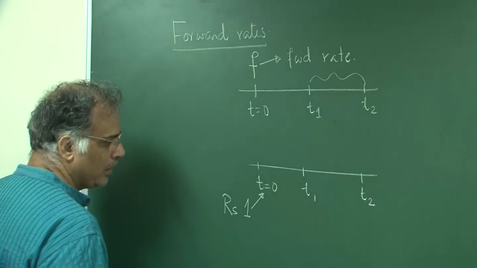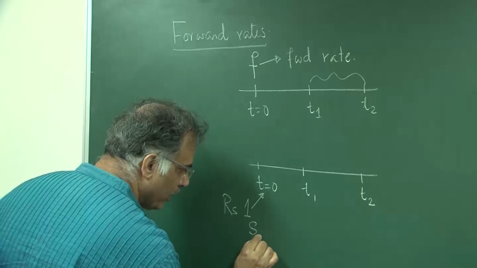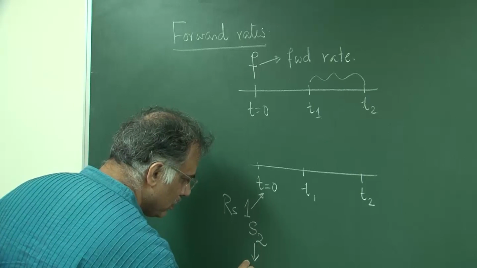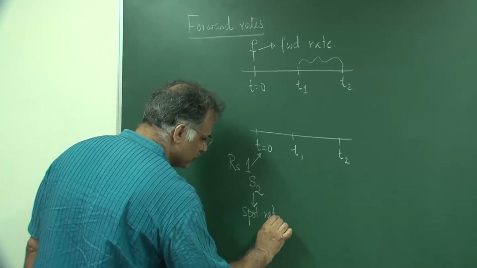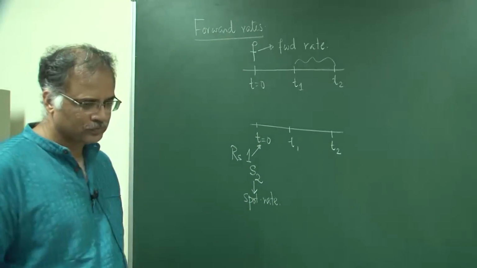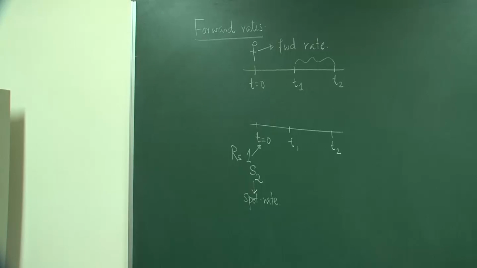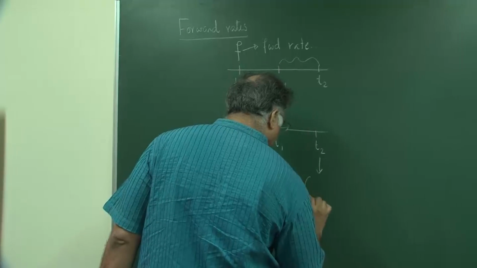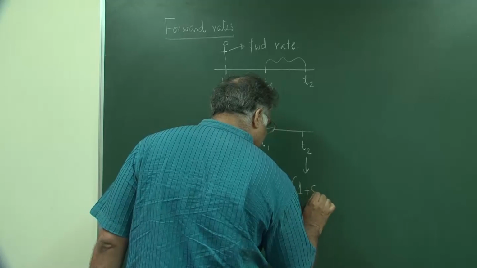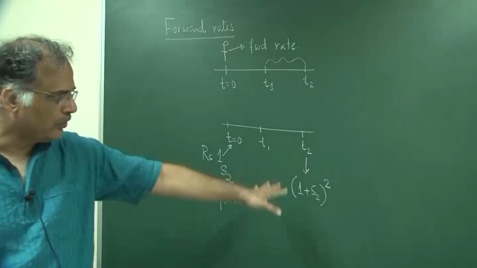I give it to the bank and I want to hold it for 2 years, then my spot rate is S2. Now at the end of 2 years, the money that I will get is (1 plus S2) whole square, which we have already seen.